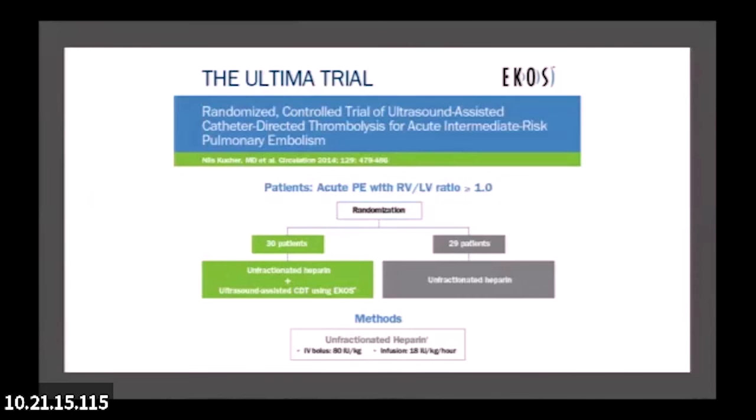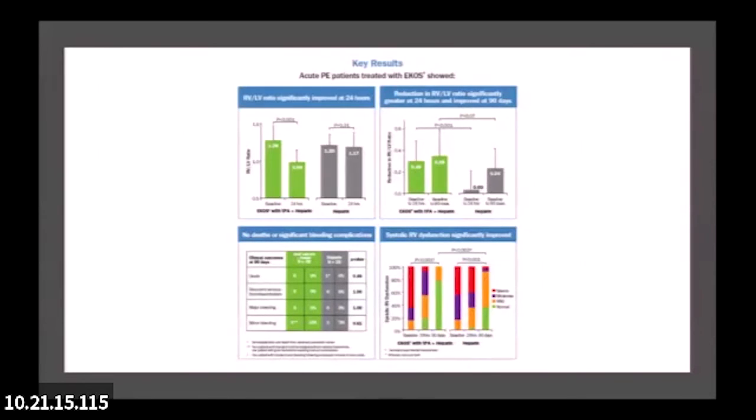All of the patients had RV dilatation, and the control arm is heparin. They looked at the RV-LV ratio improvement at 24 hours, at 90 days, and also looked at the complications and long-term RV function.